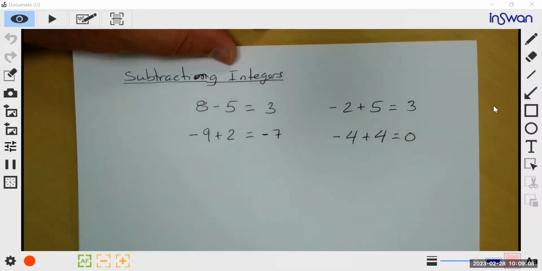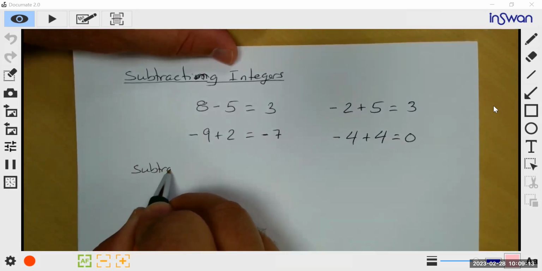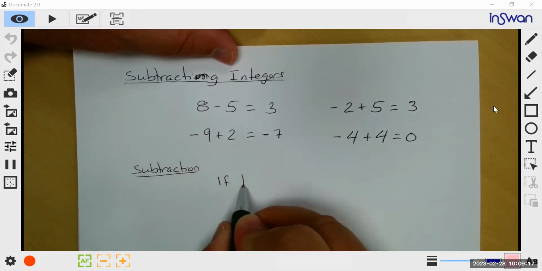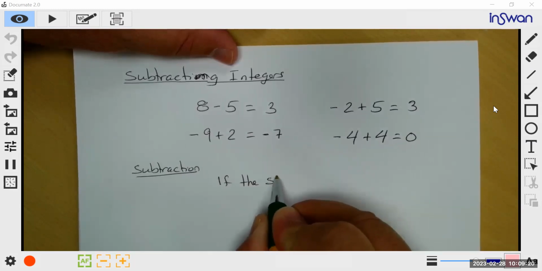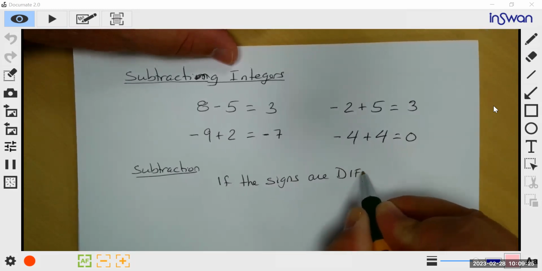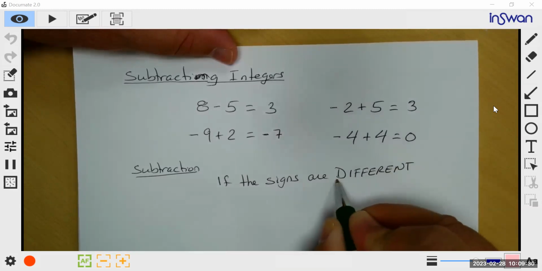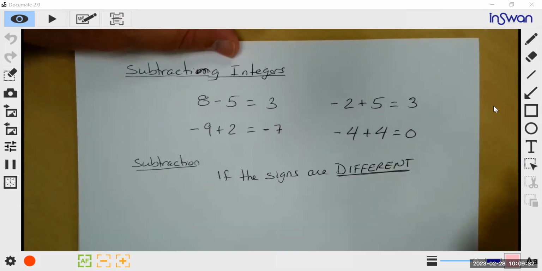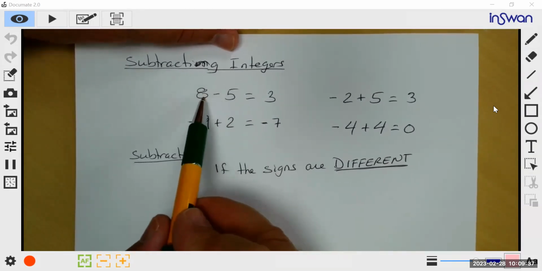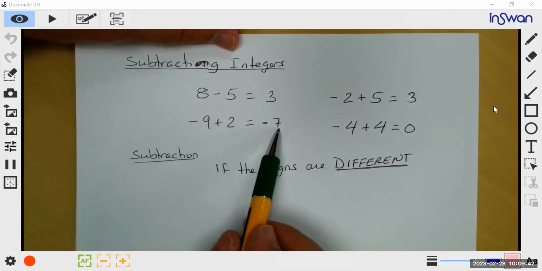So the rule here with subtraction is this. If the signs are different, that's the reason they call subtraction the difference. The difference between 8 and 5 is 3. The difference between negative 9 and 2 is negative 7.